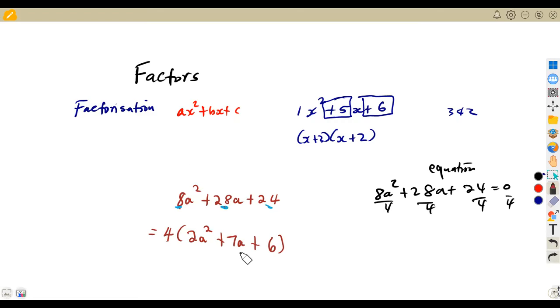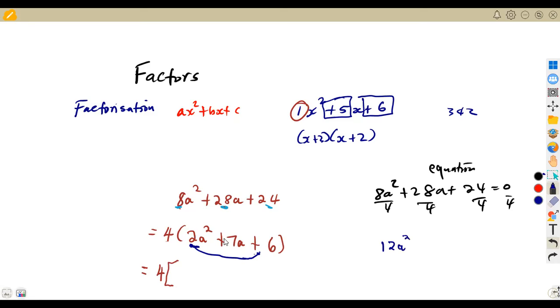So after this part, we can apply our normal factorization. As you can see, this time we do not have 1 as our coefficient of x squared. We have a number that is not equal to 1, so we apply our longer way: multiply the first term by the last term, which gives 12.